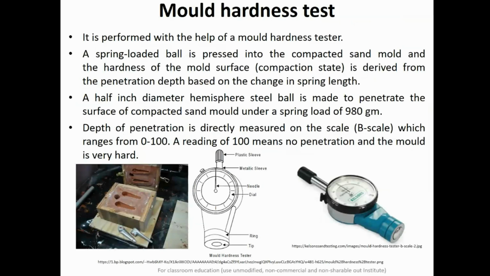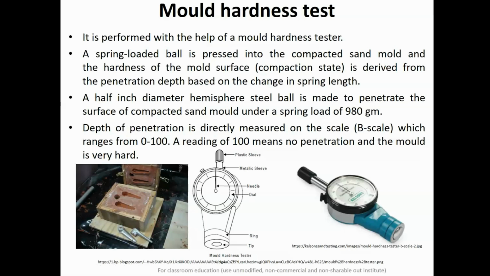This is a mold hardness tester, which is very similar to a dial indicator, and it has the same mechanism, and at one end there is a spring loaded steel ball, which is hemispherical in shape, and this spring loaded ball is pressed onto the compacted sand mold.